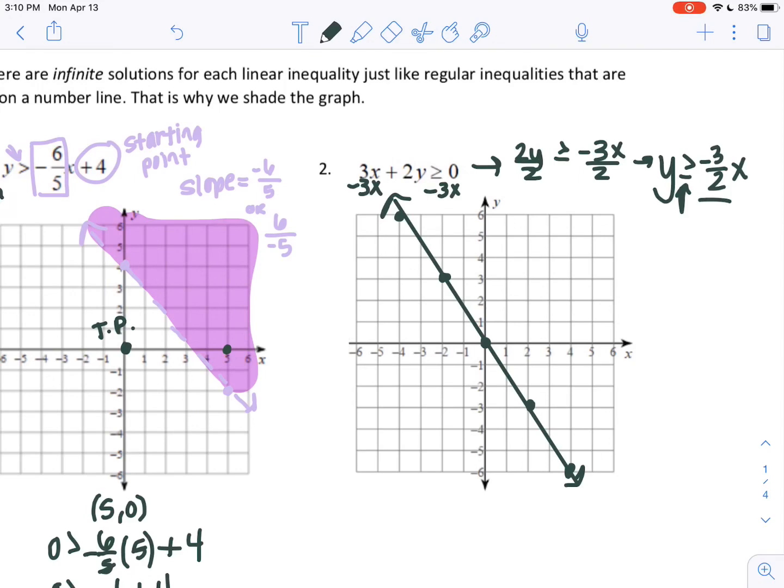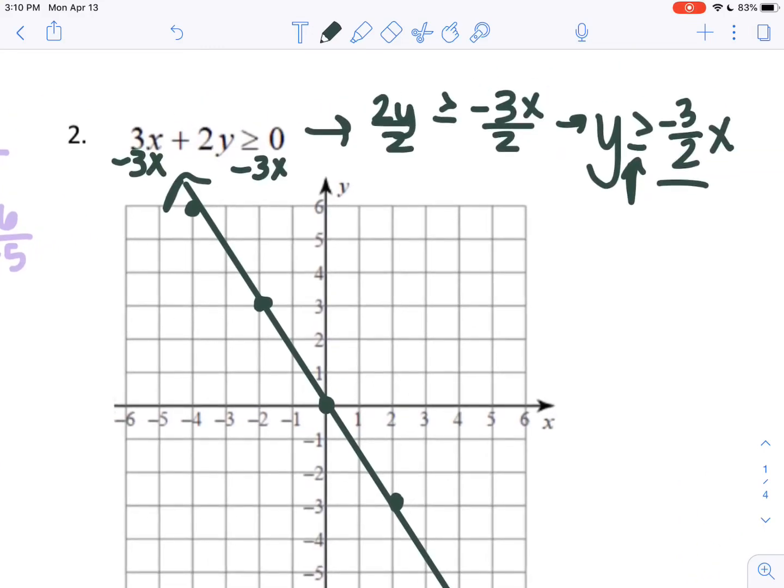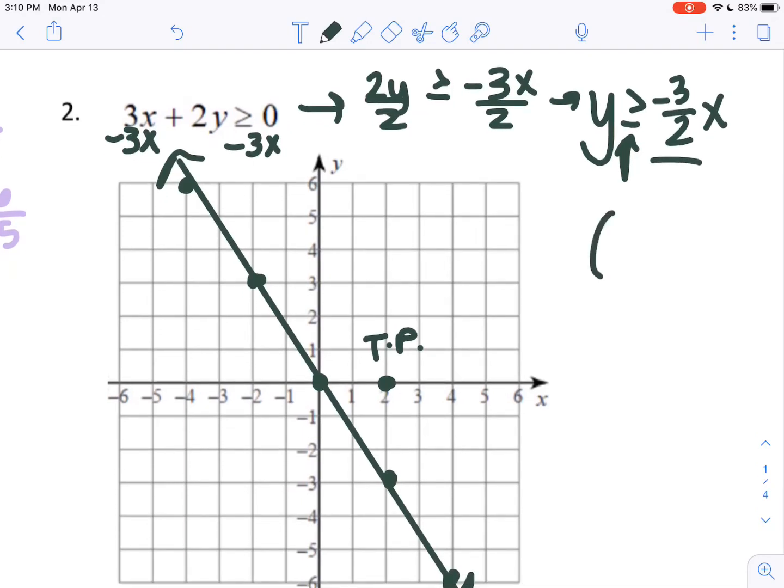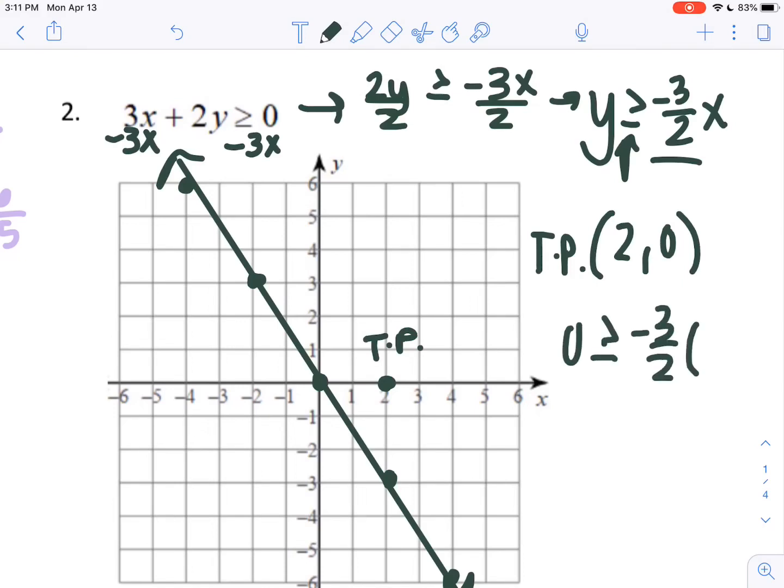Okay, so I am going to go with 2, 0. Just cause. And I'm going to check and I'm going to see, does this make my inequality true? Is this a solution? So 0 greater than or equal to negative 3/2 times 2. So the 2's are going to cancel. I have 0 greater than or equal to negative 3.